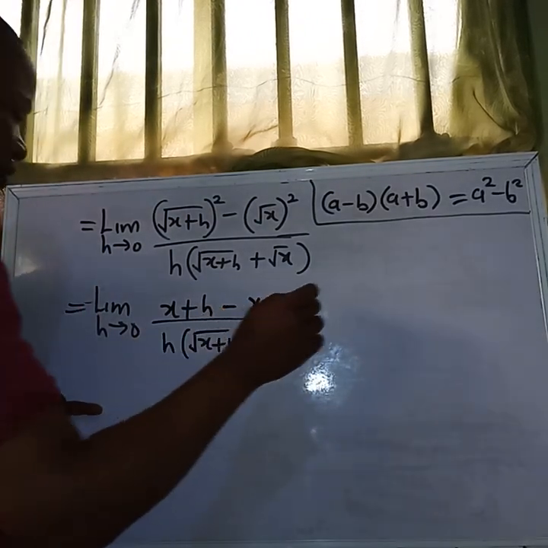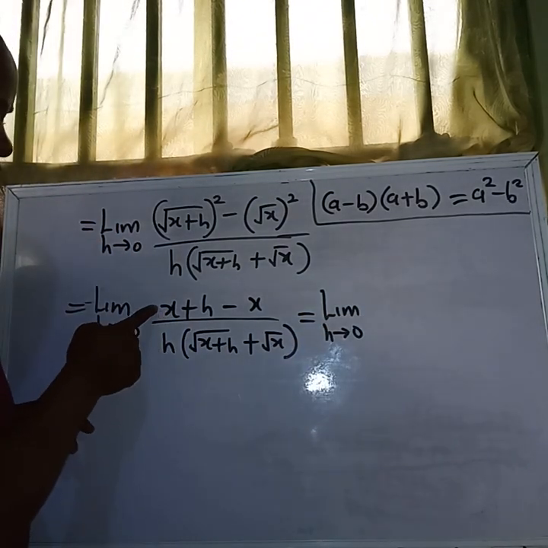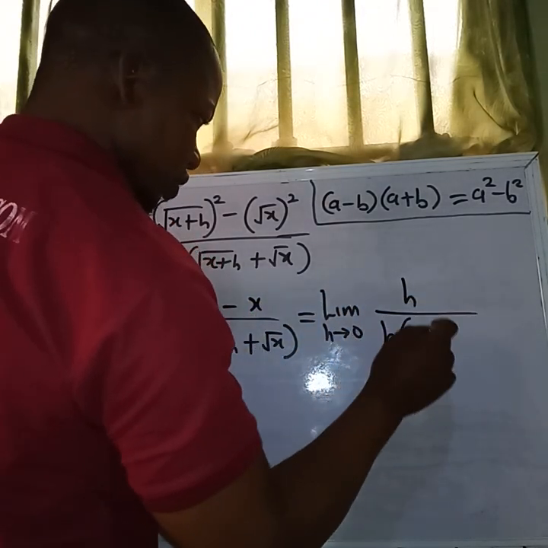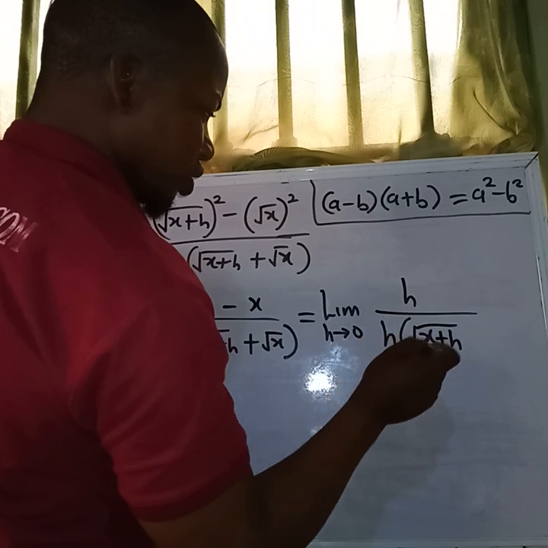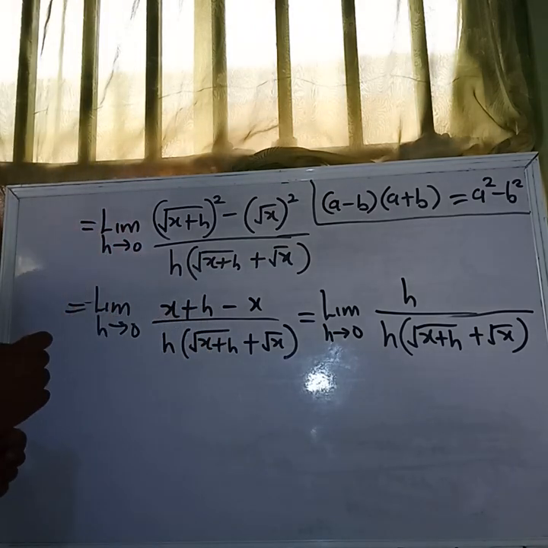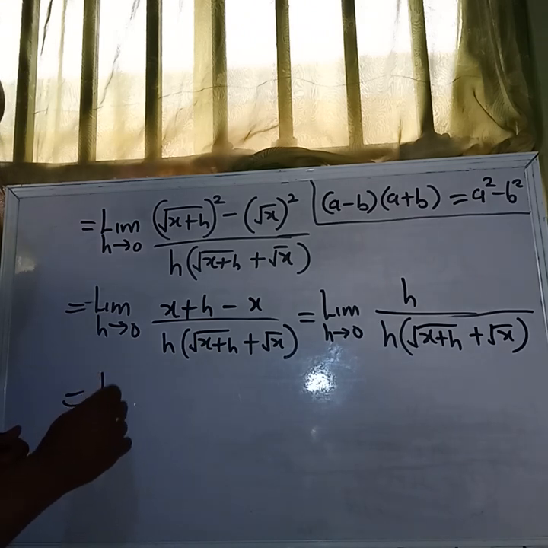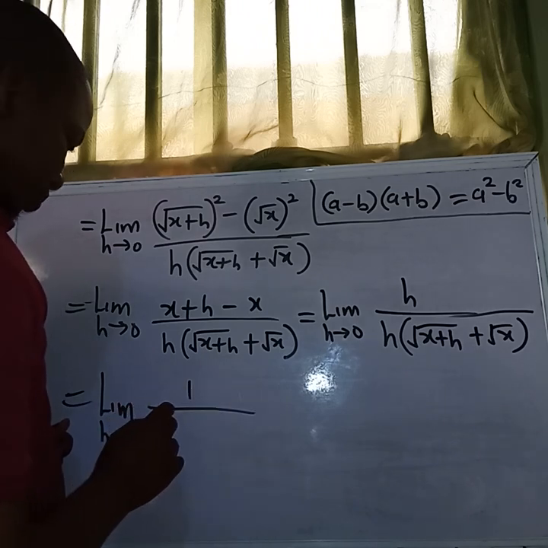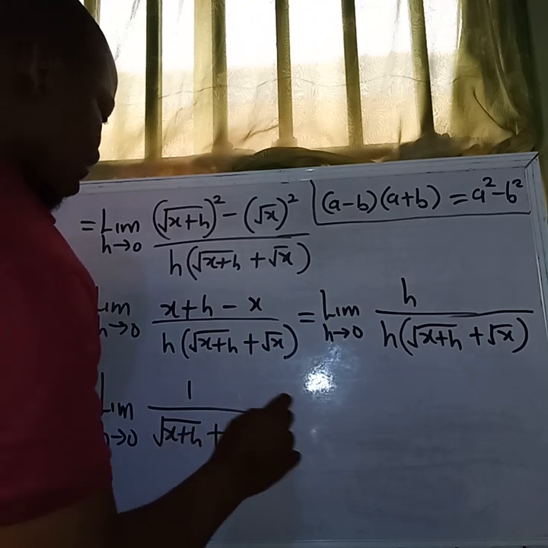Here we have positive x and negative x, so they remove one another, and this becomes h over h into the square root of x plus h plus the square root of x. Again, this h cancels h, so this reduces to the limit as h tends to 0 of 1 over the square root of x plus h plus the square root of x.